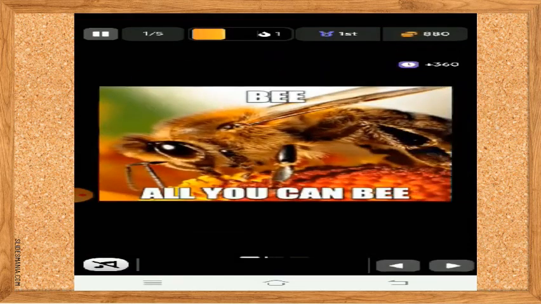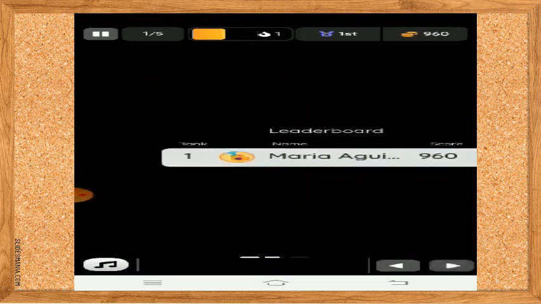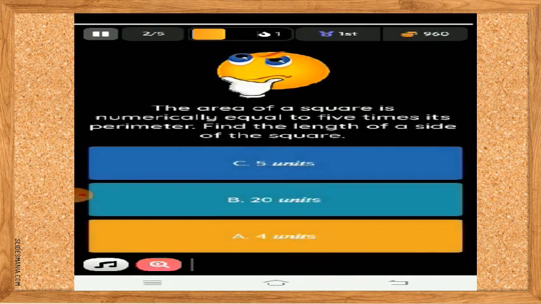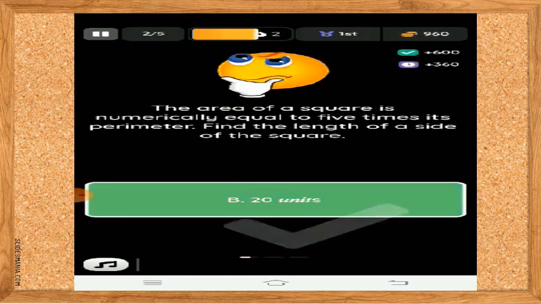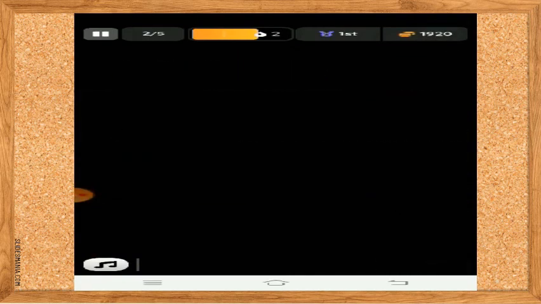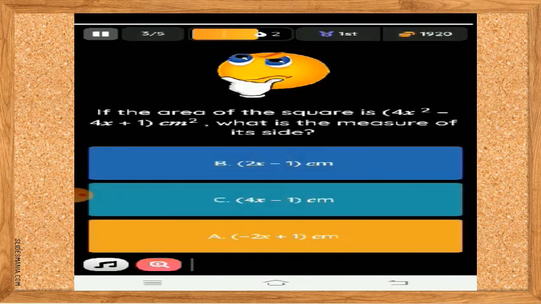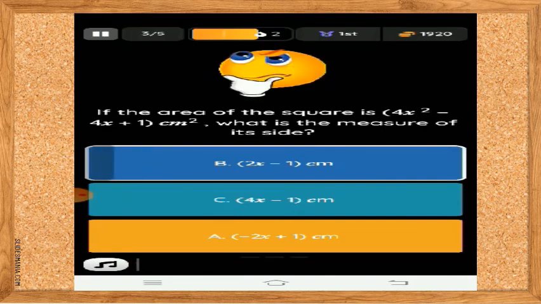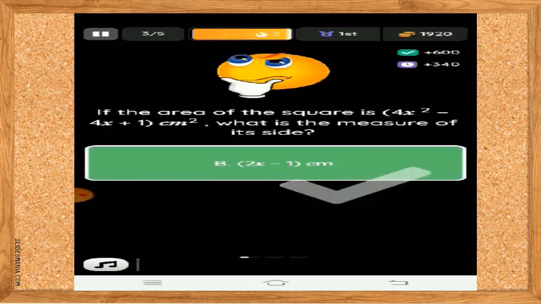49 less than the square of a number equals 0. Find the number. So I answer here the letter B. Then the next one, the area of a square. What is the measure of its side?